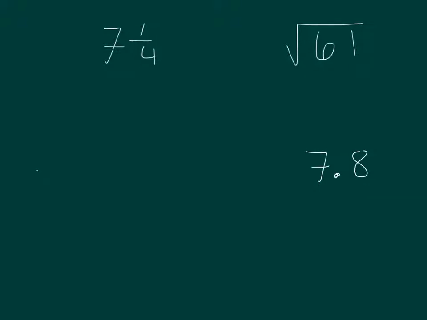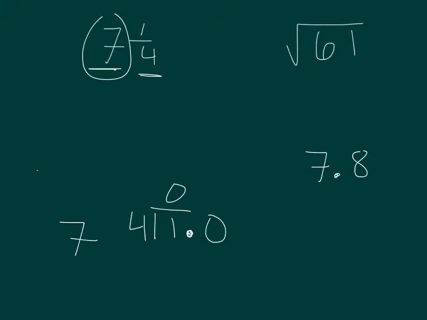Cool, so now I want to know the value of 7 and 1/4. I want to turn this into a decimal. I see that I have a whole number and a fraction. So I'm going to keep my whole number the same and turn my fraction into a decimal. I can make this fraction into a decimal by doing top goes in, bottom goes out. 4 goes into 1. That doesn't happen. That's 0 times. I can add a decimal point and a 0 and put a decimal point up top. 4 goes into 10 2 times. 2 times 4 is 8.